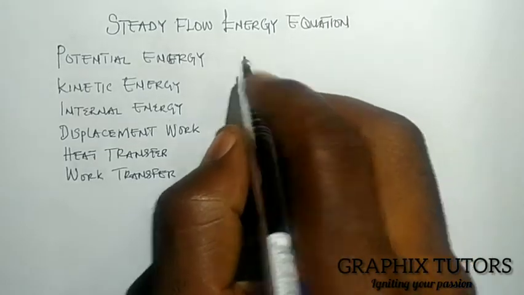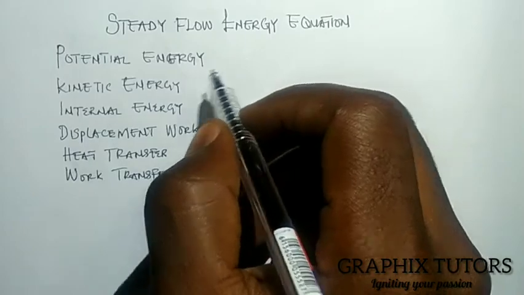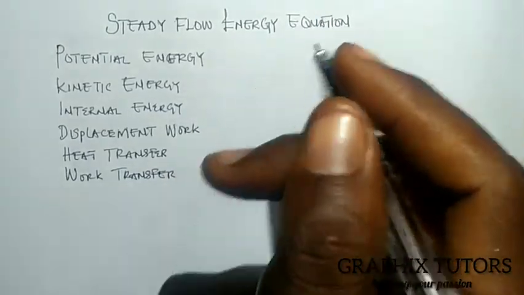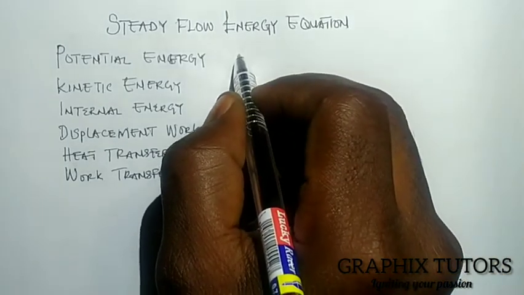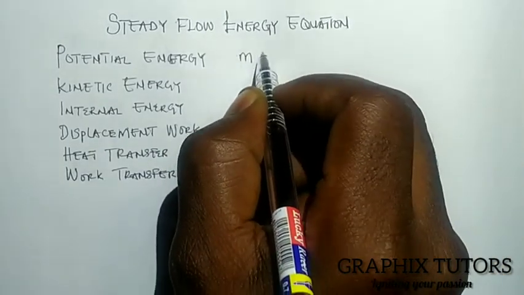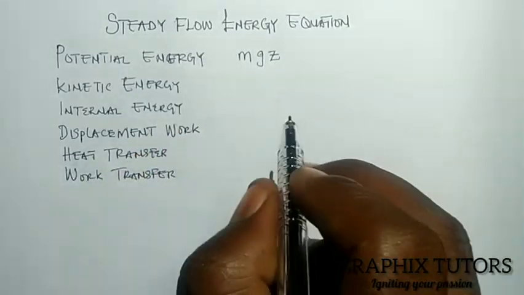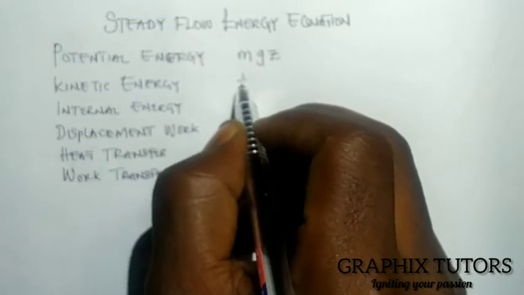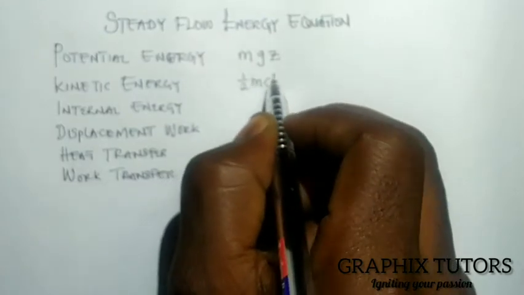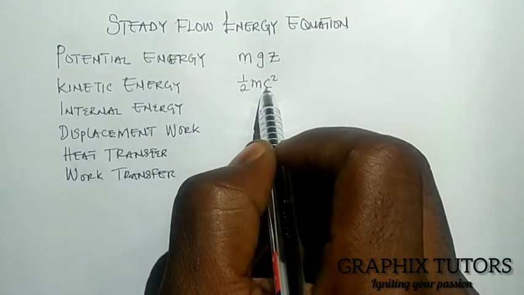Now, for potential energy, in terms of extensive property, we mean a property that is dependent on the magnitude of mass. So we have the mass times gravity times the height Z, the height above the reference point, right? Now we have the kinetic energy, which gives us half mC squared, because the m here is the mass and the C is the velocity.